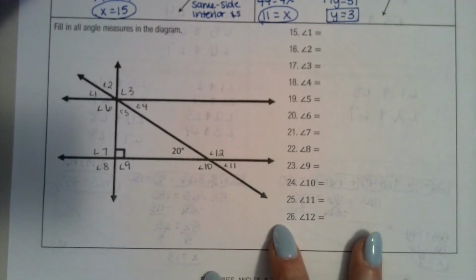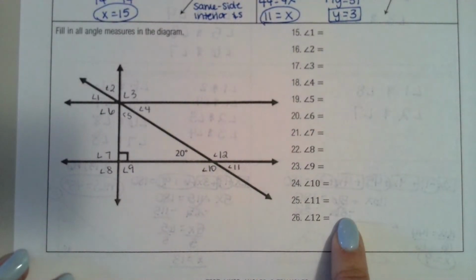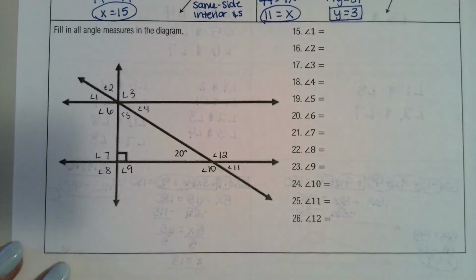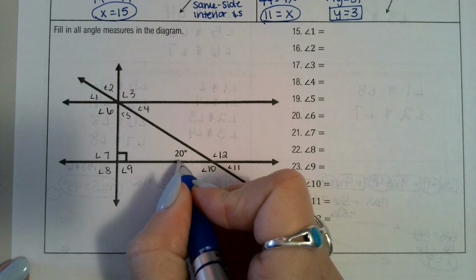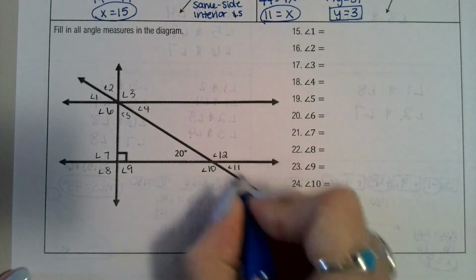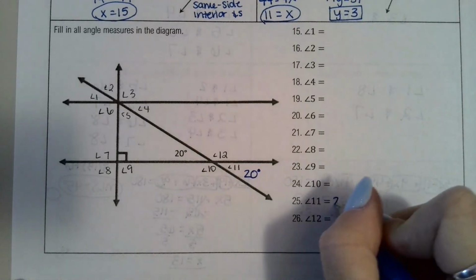Okay. Last one. We have this big diagram, and we need to figure out all of the angle measures for all of the missing ones. So I'm going to start by filling out the ones that I know are easiest. I have this angle right here is 20 degrees. That means that the angle vertical to it, angle 11, is also 20 degrees.